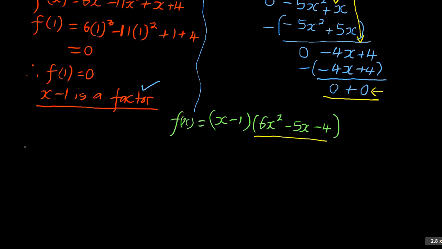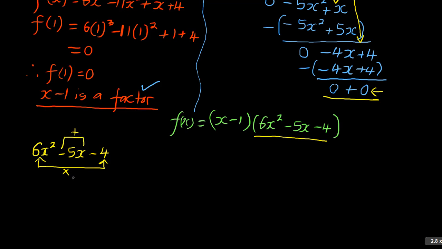So what do we have? You have got 6x squared minus 5x minus 4. And usually when I'm factorizing this, I use the product sum method. My product is I take these two numbers, I multiply them, and my sum is that center.